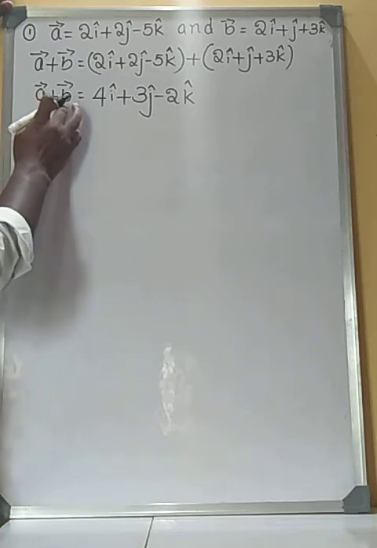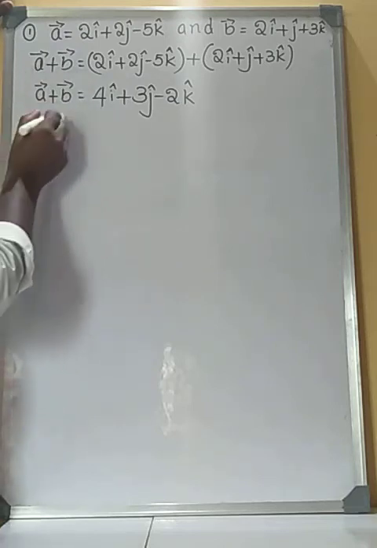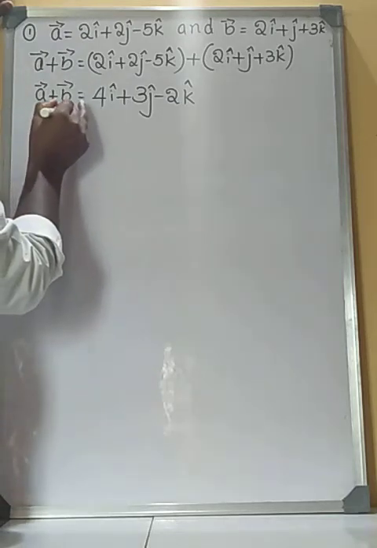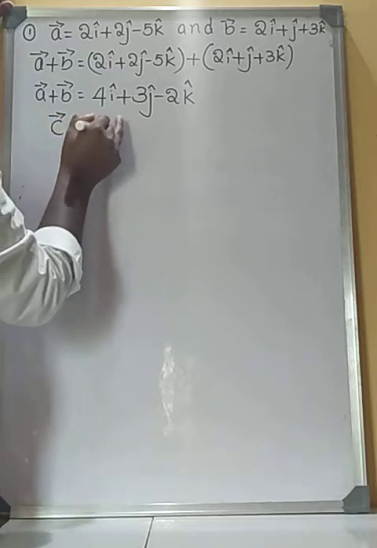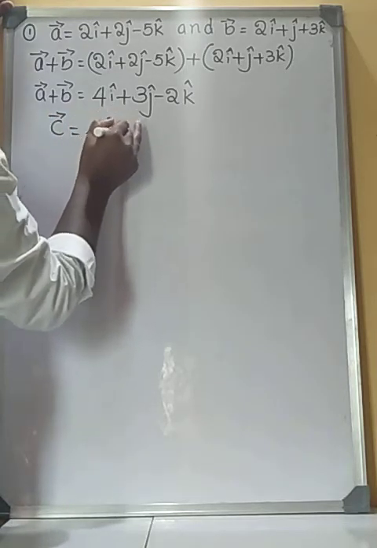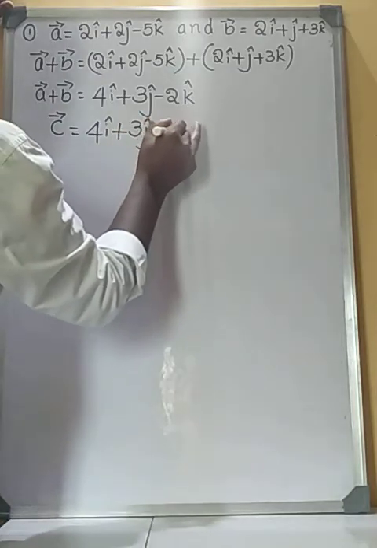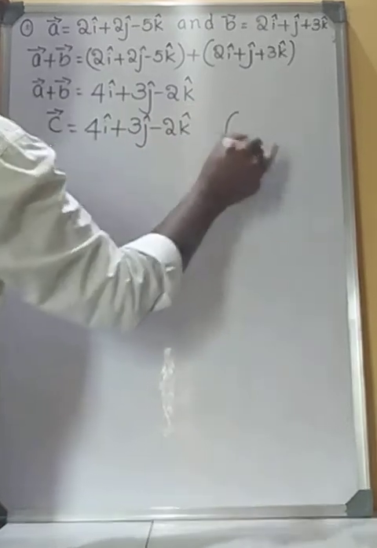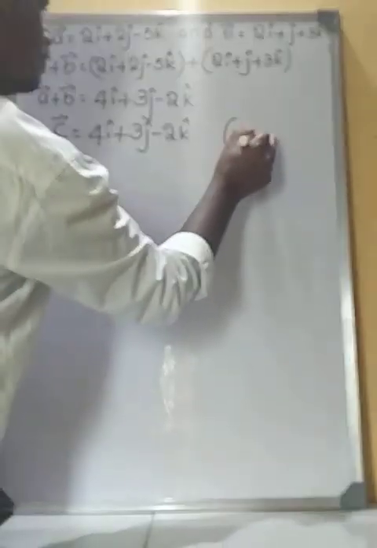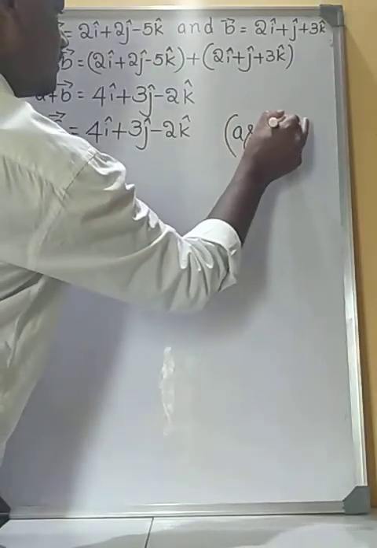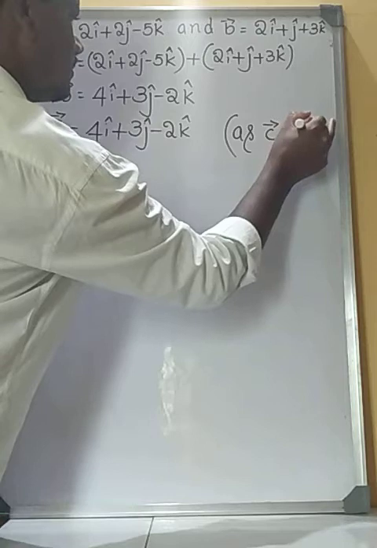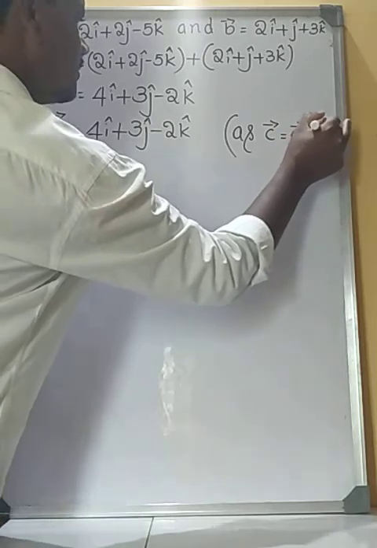The sum of the two vectors is called vector C. C vector is 4i plus 3j minus 2k, which equals vector A plus vector B.